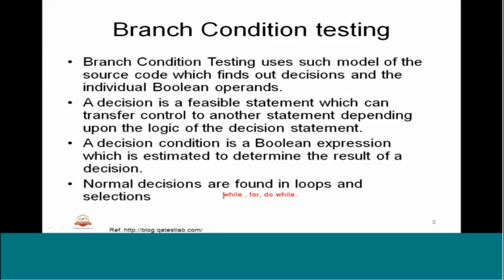Similarly, selections in terms of cases, we know that. So these decisions are implied within this type of statements. We will see in more detail how branch condition testing is taken care of.